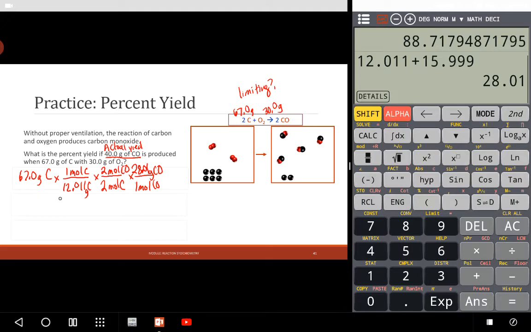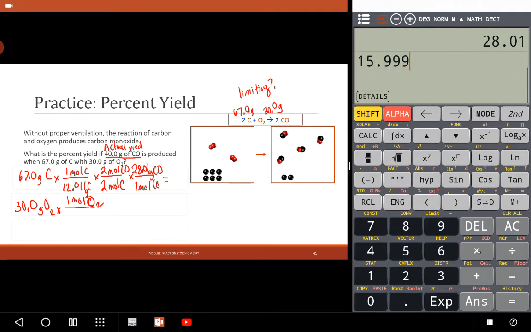Alright, now let me get the setup going for the oxygen. So that's going to be 30.0 grams of O2, and that's 1 mole of O2. O2 has 2 atoms of oxygen, so we have to remember that its molar mass is 31.998 grams, not 15.999.